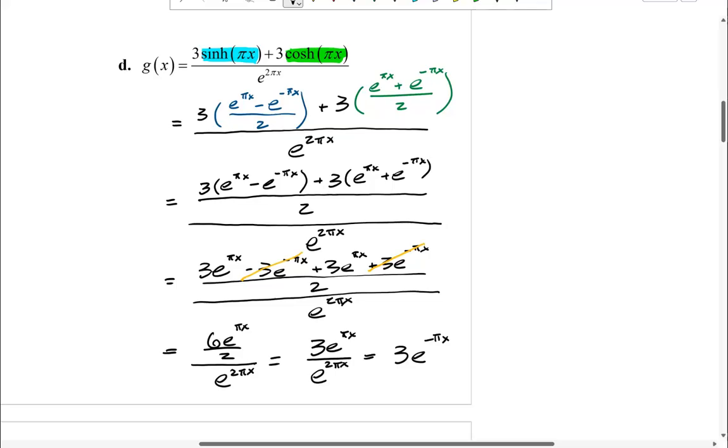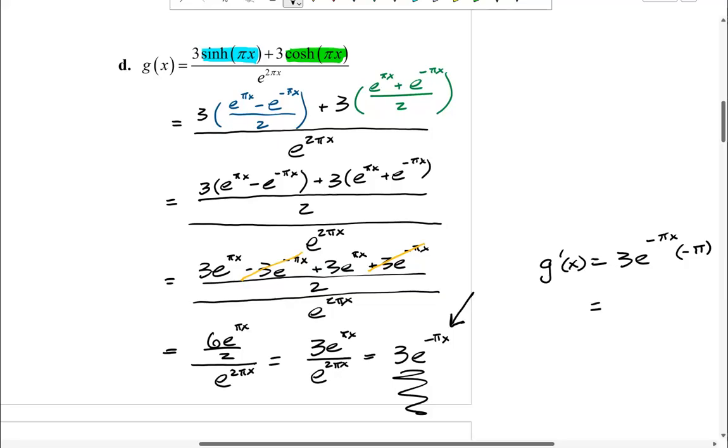This looks like it's going to be a much easier derivative than the original function that we started with. So now we can simply say that g prime of x is the derivative of this guy, which is going to be 3e to the negative pi x, but then we have to multiply by the derivative of the inner function, which will be a negative pi.